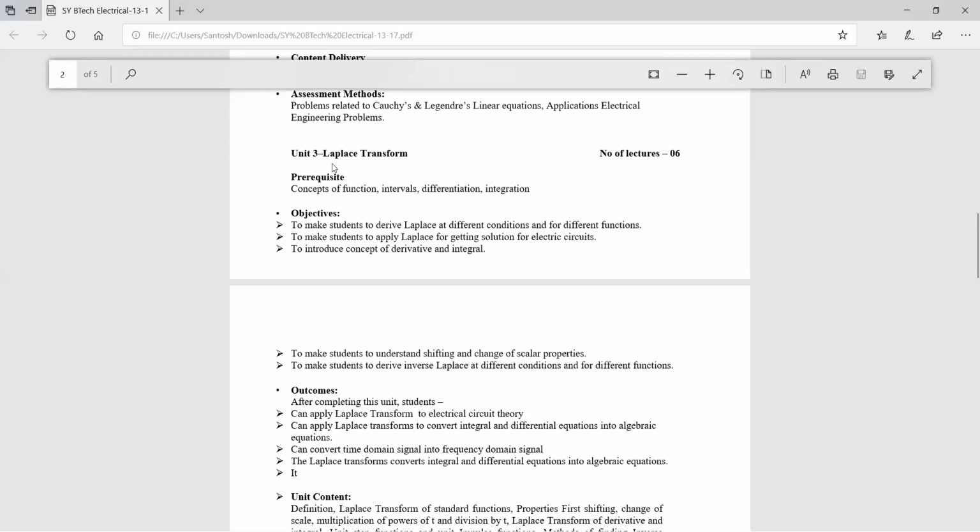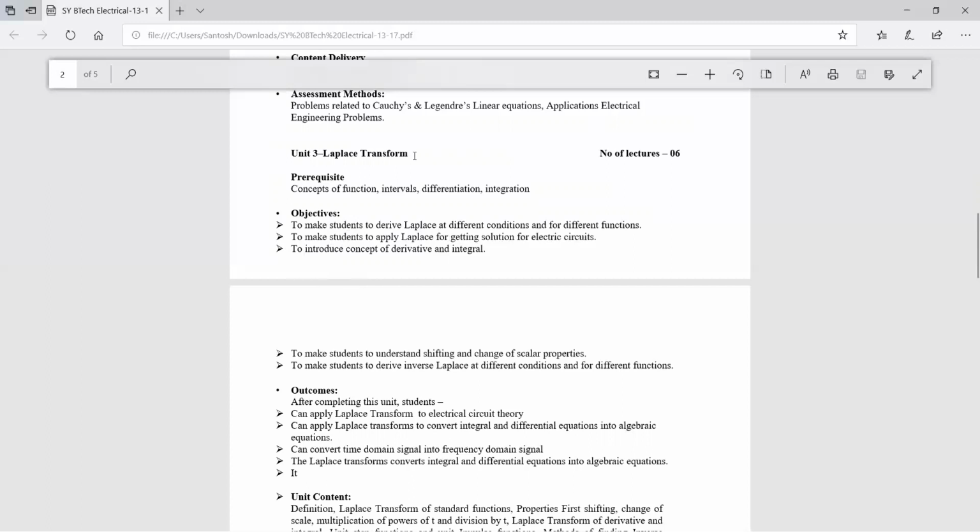So the objective of this Laplace transform unit is to make the student derive the Laplace transform under different conditions and for different functions, and to apply Laplace for getting solutions for electrical circuits. The third objective of this chapter is to introduce the concept of derivatives and integrals.